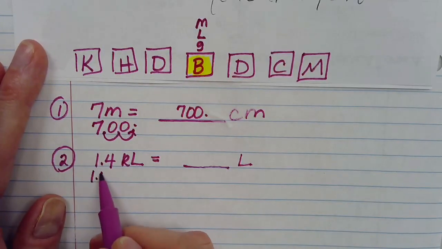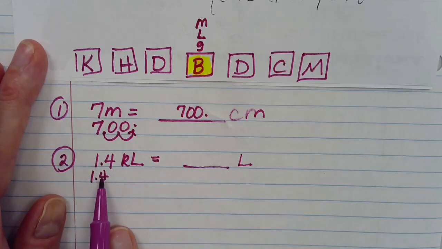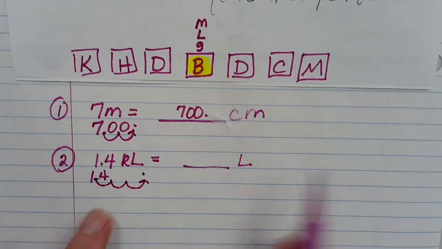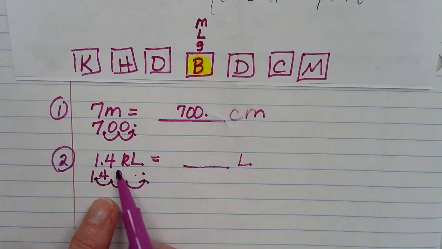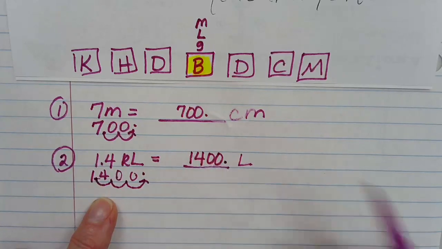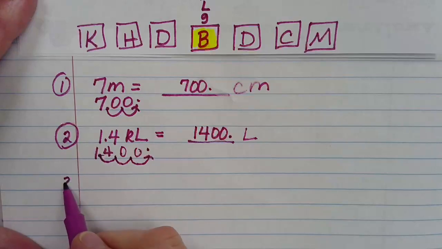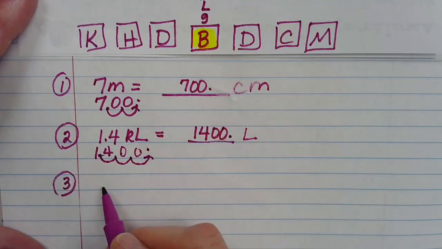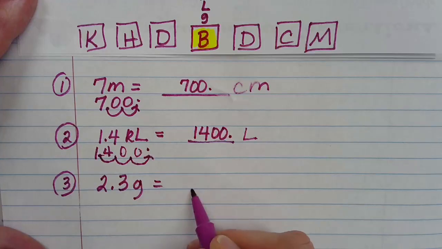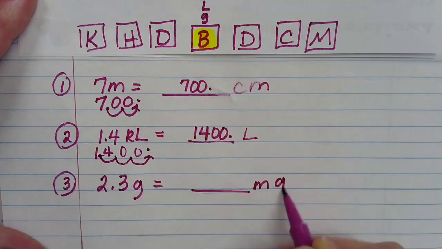So if I have 1 4/10, I put my pencil on the decimal and I am pushing it 1, 2, 3 to the right. Decimal is here, and I'm going to fill in with 2 zeros, and it's going to be 1,400 liters.